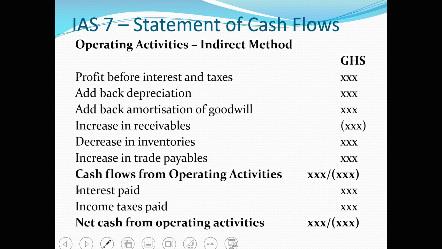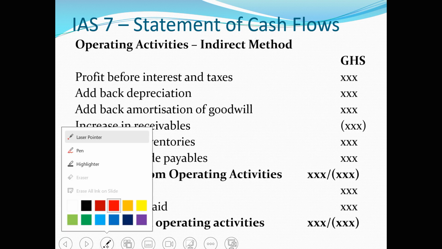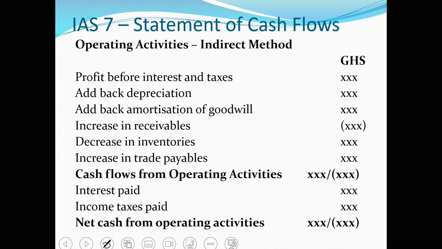And so this is how the indirect method will look. We start with profit before interest and tax. The important thing is to look at the question and find out what you've been provided with in the question. Profit before interest and tax, or profit before tax. So you must always know the figure you are starting with. Then you add back depreciation, and because we are dealing with consolidation, it means amortization of goodwill as well.